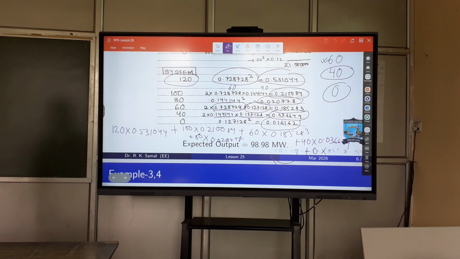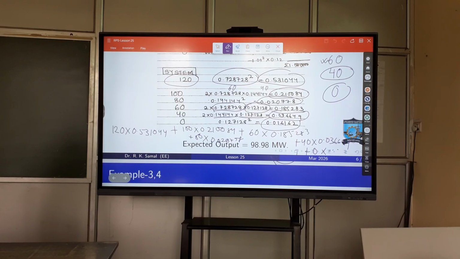When you combine all, your expected output is 98 megawatt.